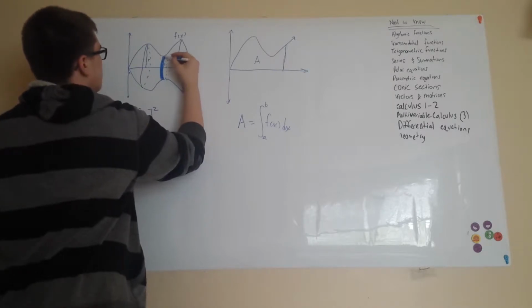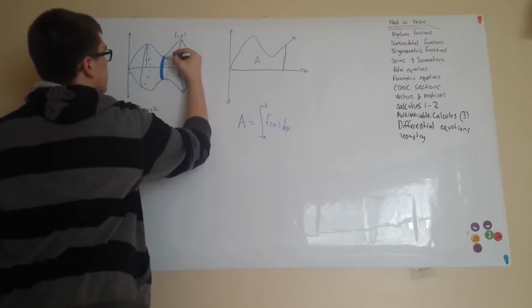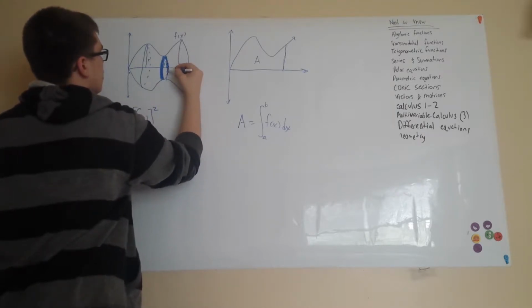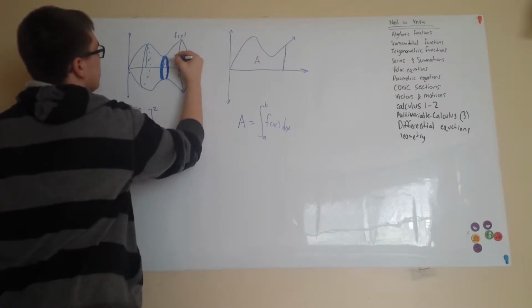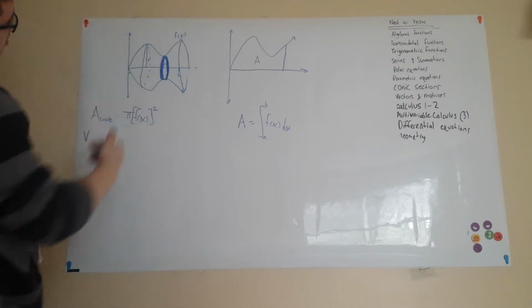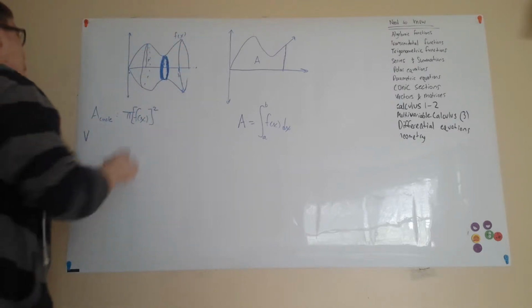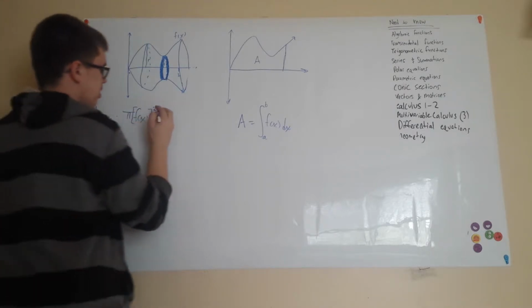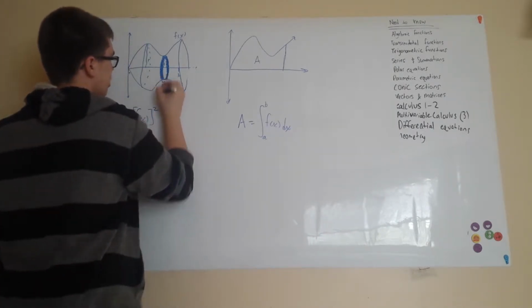So the volume of this little disk, this disk right there, the volume of that disk is pi r squared times this little length.